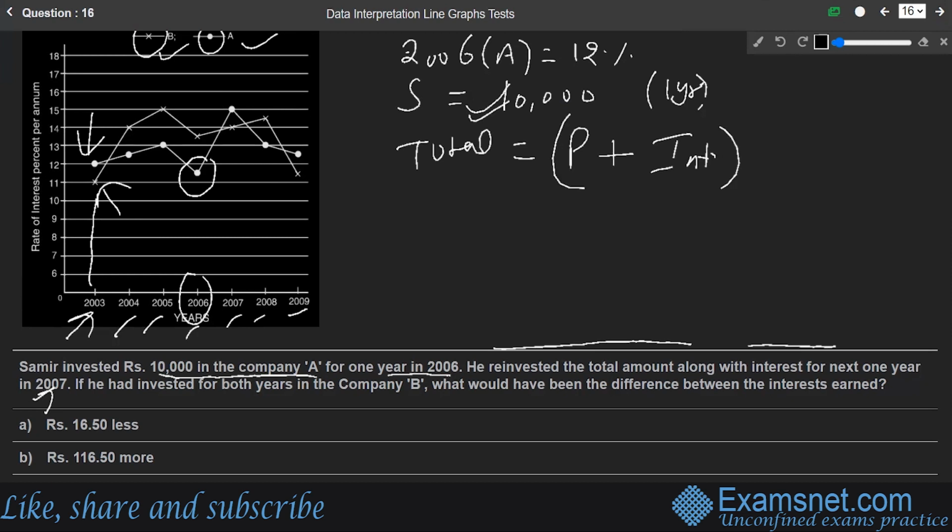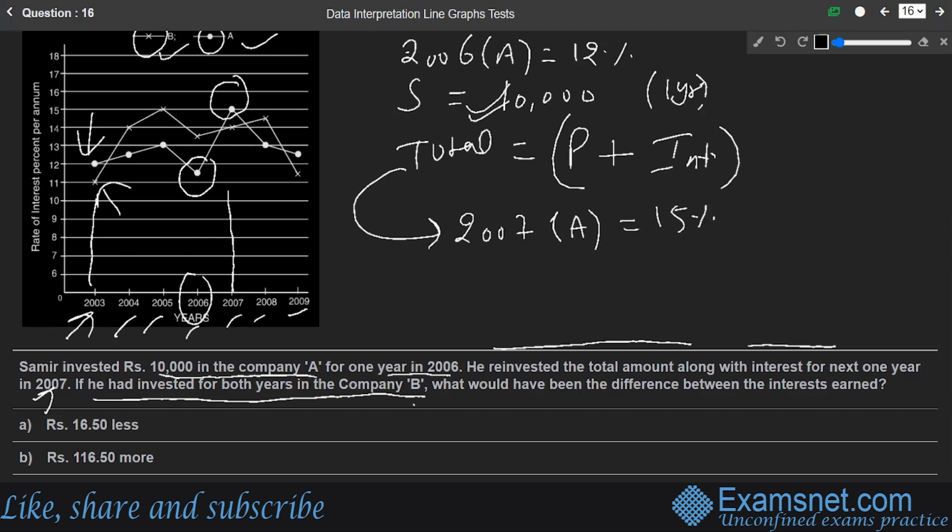This total amount will be reinvested in 2007 in company A. The rate of interest of company A in 2007 is 15%, so the total amount is invested at 15% the next time, and that will give the interest value. Then, if these two amounts had not been invested in A but in company B, what would have been the difference of interest earned.